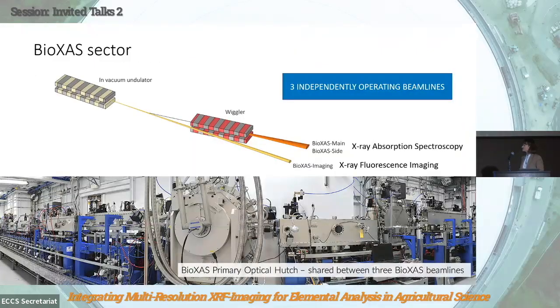The BioXCS imaging beamline stands out in the synchrotron community in having such a capability. But being part of the BioXCS sector, users would also have access to complementary techniques, high sensitivity spectroscopy and bulk spectroscopy techniques.